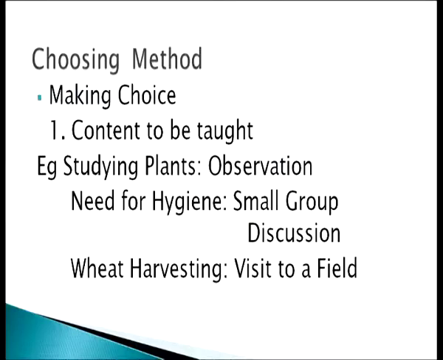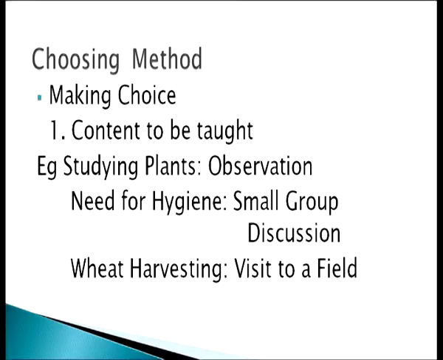For example, let us say I want to study the plants present in our school garden, or I want to study which insects are there in our school garden. So, observation is a very good method. In that method, we will take children to the school garden and observe plants or insects carefully.